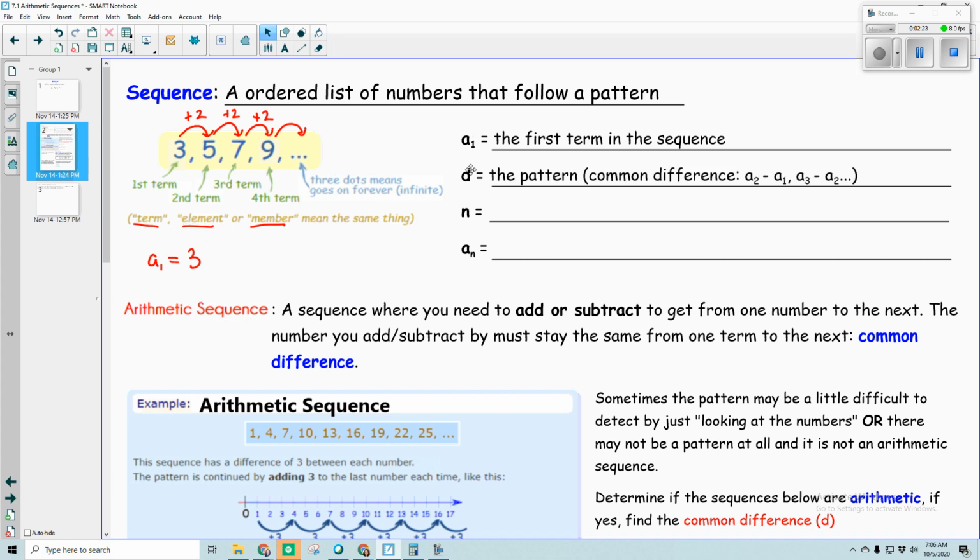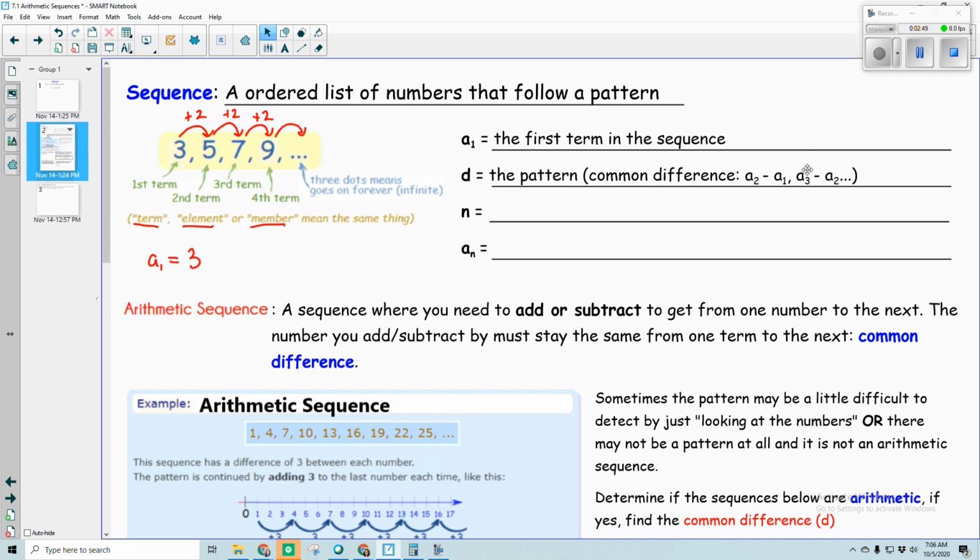d is always going to represent, for an arithmetic sequence, the pattern, essentially the common difference. a2 is the second term, and a1 is the first term. So I take the second term and subtract the first term from it.